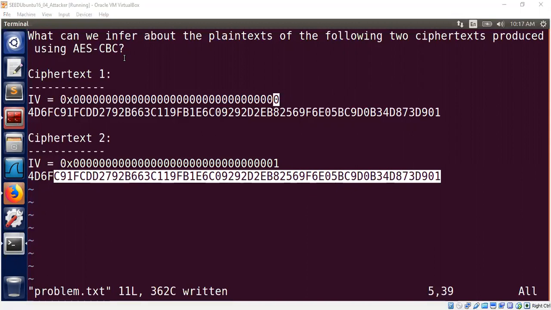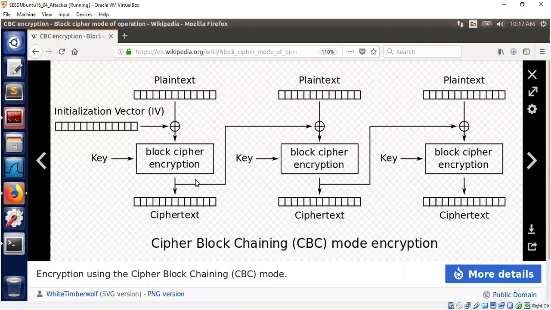We can try to reason about what happens if we have two ciphertexts that are produced using CBC mode, where the difference between the IVs is just the least significant bit, as in this case. So let's get back to the CBC mode structure. Here is the structure we already talked about in the previous segment, so I will not go through the structure again.